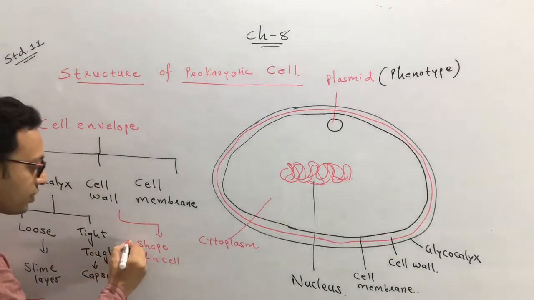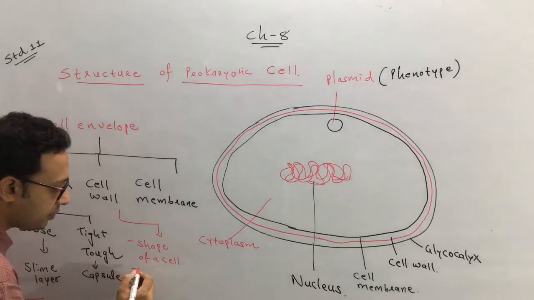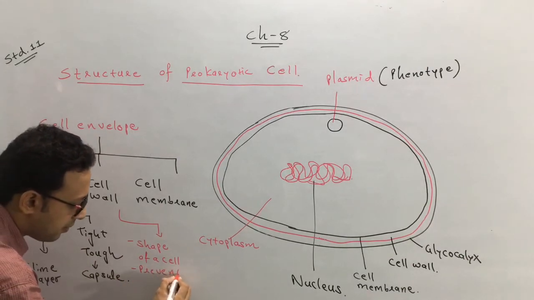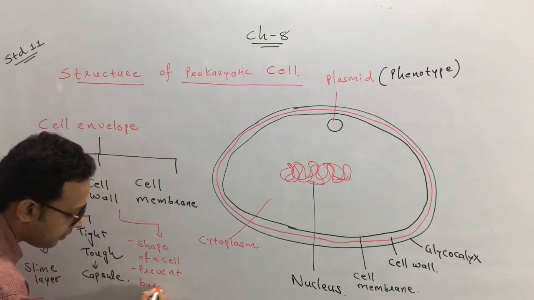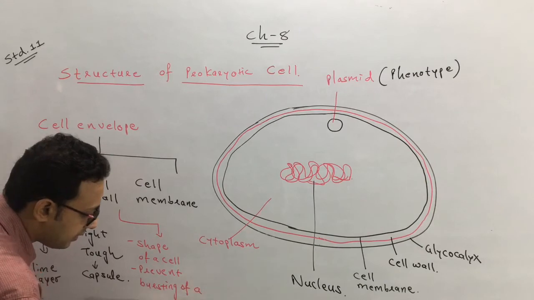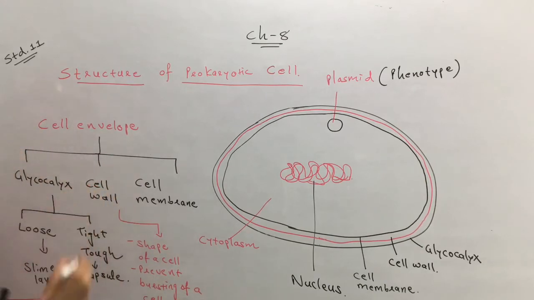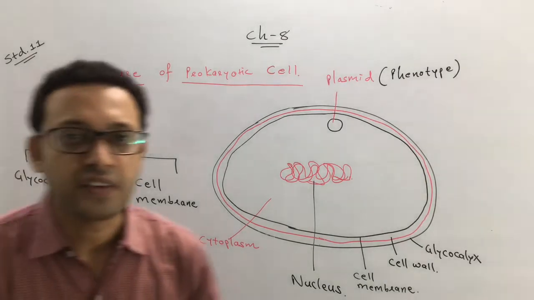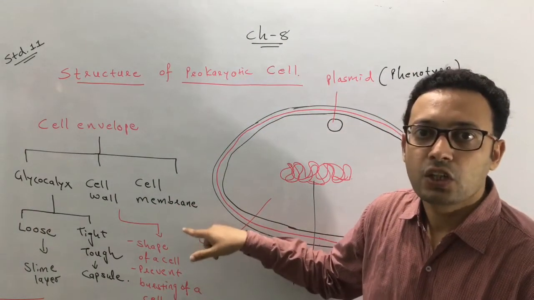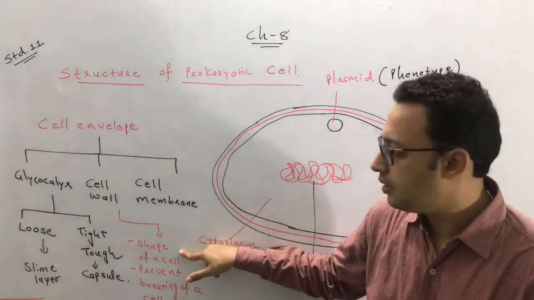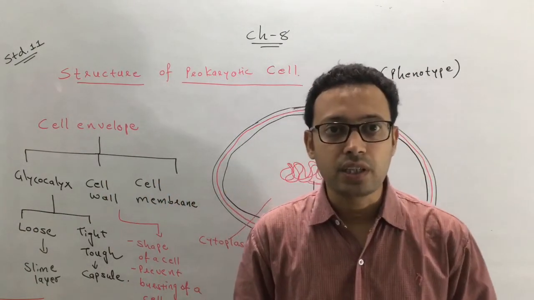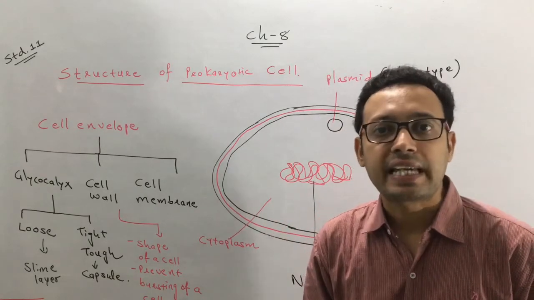Another function is protection, and it prevents bursting of the cell. So what is the function of the cell wall? It gives shape to the bacterial cell and prevents bursting of the cell. This is the function of the second layer.